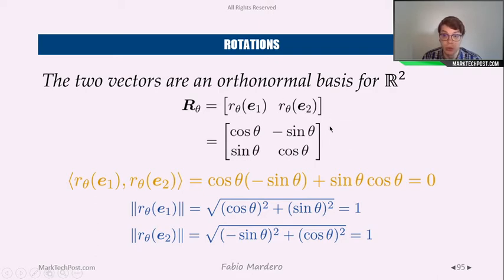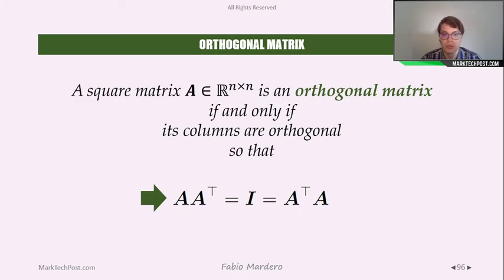This is a pretty important consideration, because let's get back to a generic square matrix, and we say that this matrix is an orthogonal matrix if and only if the columns are orthogonal, like we have seen for rotations.